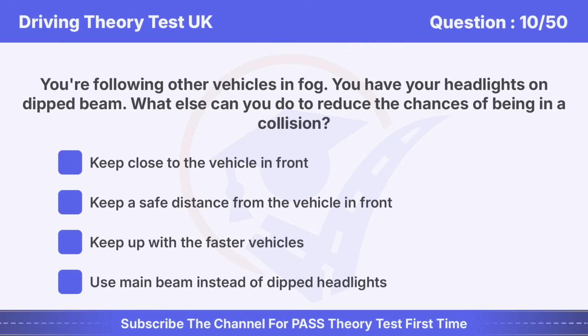Question 10. You're following other vehicles in fog. You have your headlights on dipped beam. What else can you do to reduce the chances of being in a collision? Answer is B. Keep a safe distance from the vehicle in front.